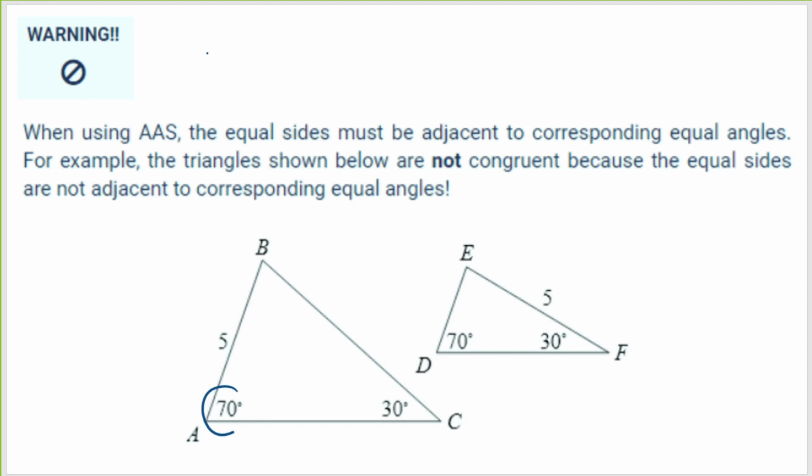Okay, if you want to use AAS, ensure that for this angle, the other triangle also has the corresponding AAS here, not here. Okay. Can you follow me? All right, then let's have a look at an example.